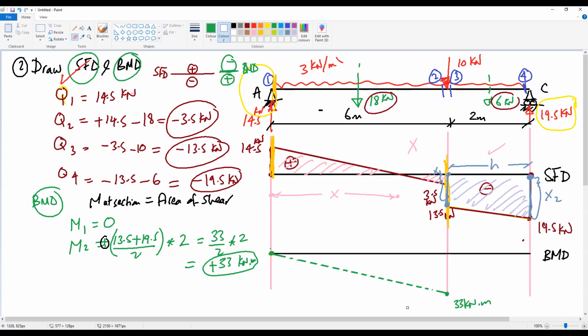This is only a guideline to draw the parabola. Then we have to hang a parabola. So the moment in this part will be a curve like that. You can draw it with a curve here.